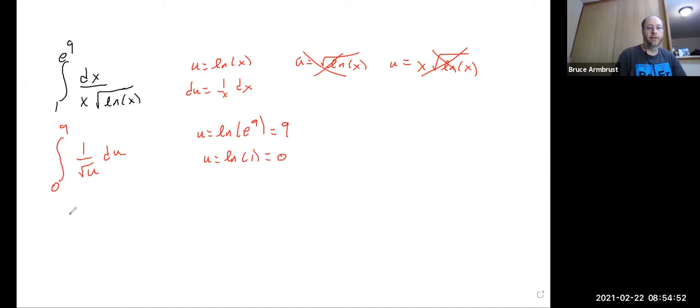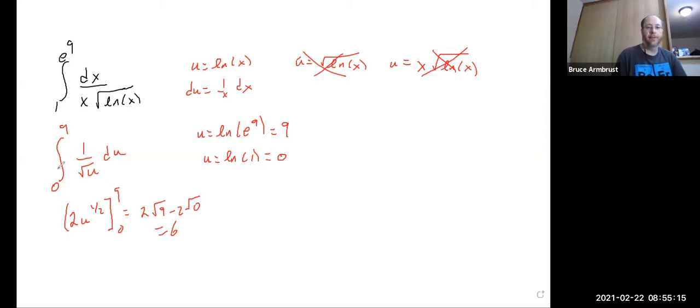All right, so that's u to the minus 1/2. So when I integrate that, I get 2 times u to the 1/2, plugging in 0 and 9. So that's 2 square roots of 9 minus 2 square roots of 0, which to me looks like 6.